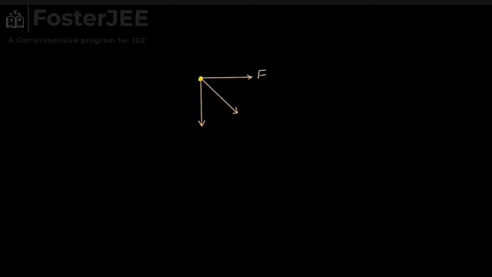This force is F, this is F upon 2, and this is F. If we resolve these two forces, one along this direction and the other along these directions, since these forces are equal and inclined at 90 degrees, these components will cancel out each other and hence the net force will be along this direction only.